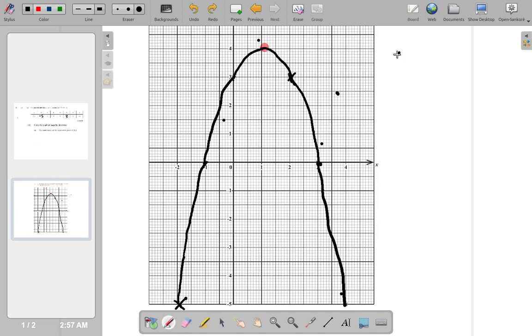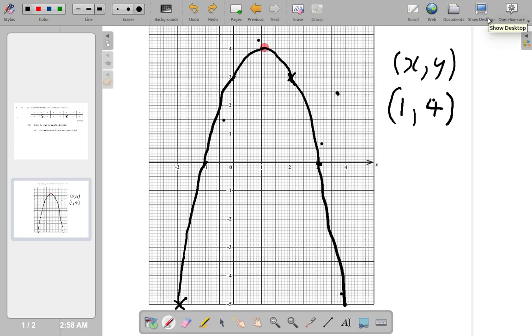So the coordinates, of course, in the form x comma y would be x equals 1, so I put 1 here, comma, and y is 4, so I put 4 here. So the coordinates of the maximum point would be 1, 4.